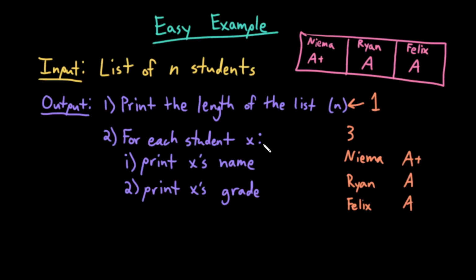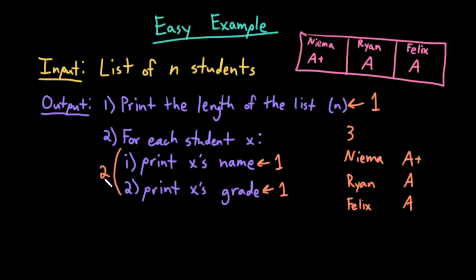Then for each of my students, well, let's take a look. For a single student, I'm printing the name, which is one operation. And I'm printing the grade, which is another operation. So overall, for a single student, I'm doing 2 operations.